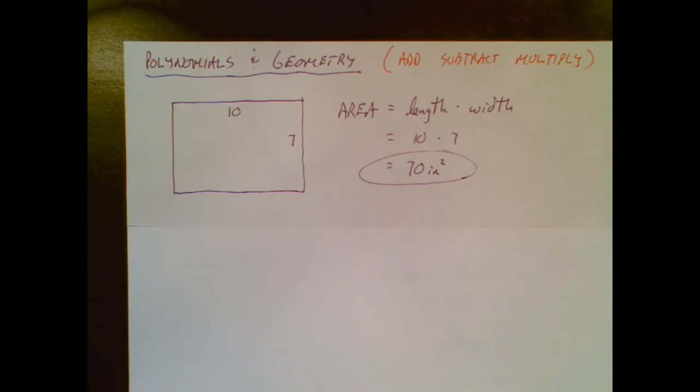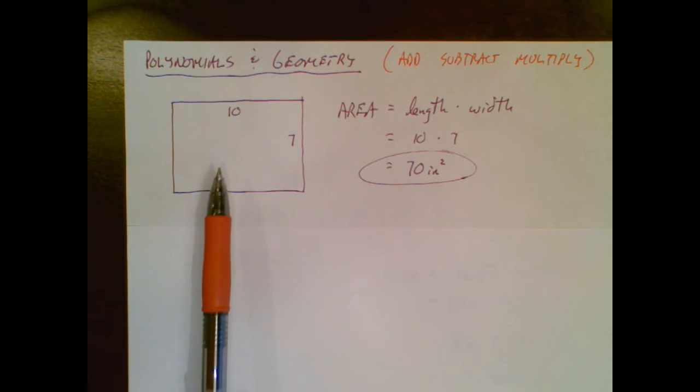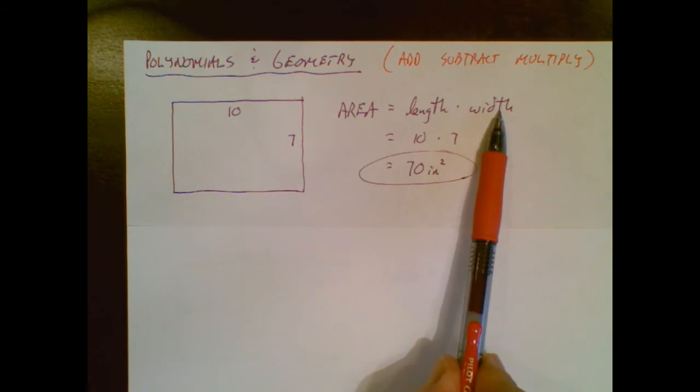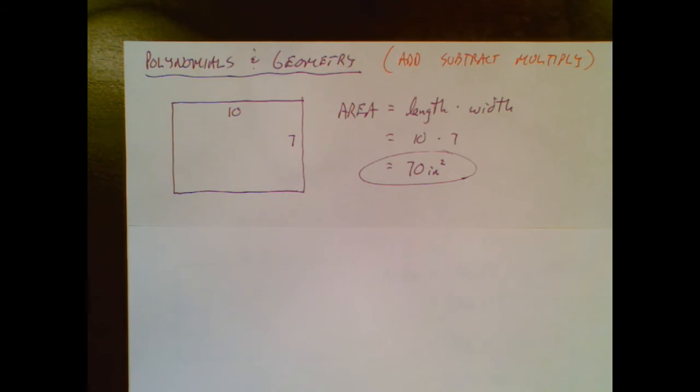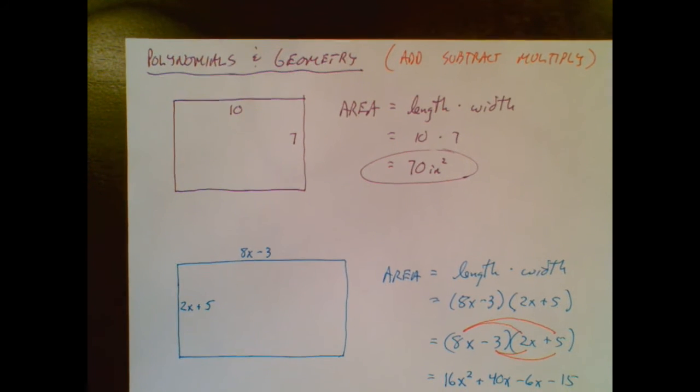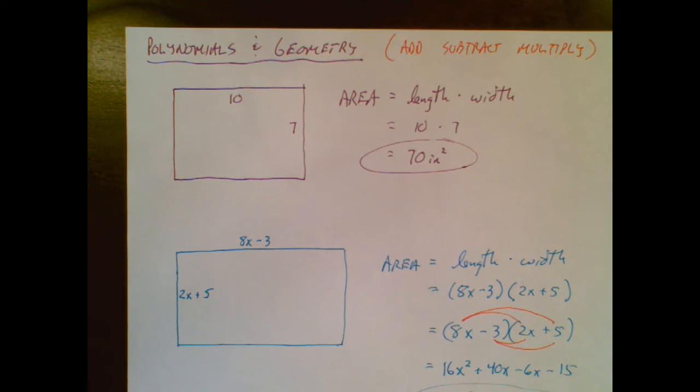Bring back your good old days from elementary school. If I had to find the area of this rectangle, I would simply say length times width. Well, if I want to do the same thing, but now I have polynomials instead of good old integers, it's still the same thing.